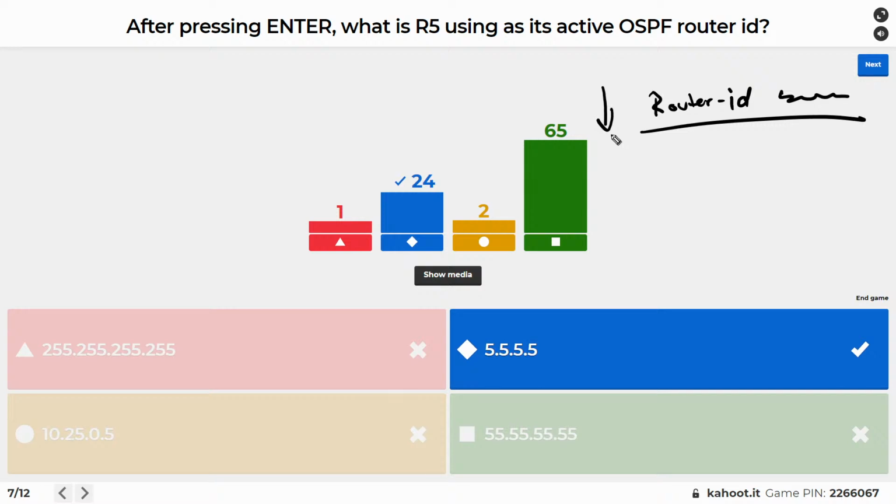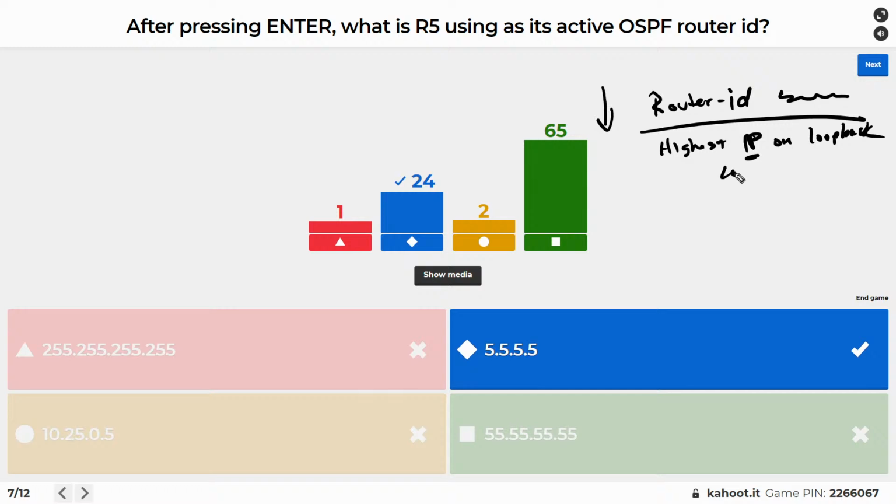If it's not there, then it's going to be the highest IP address on a loopback interface. Now, it's not the highest loopback interface number, like loopback 10 is higher than loopback 5. Not the actual interface, but the actual IP address.